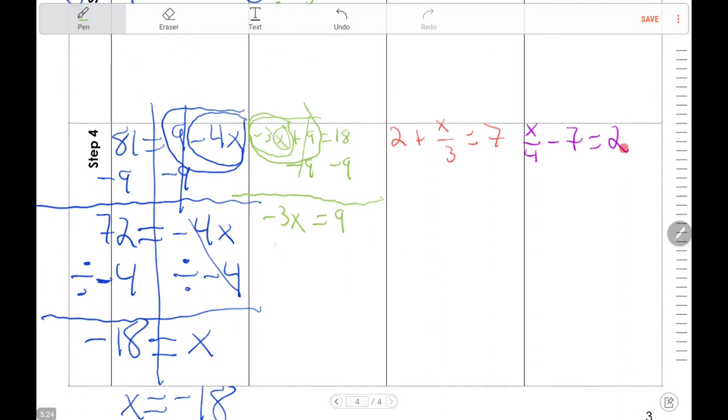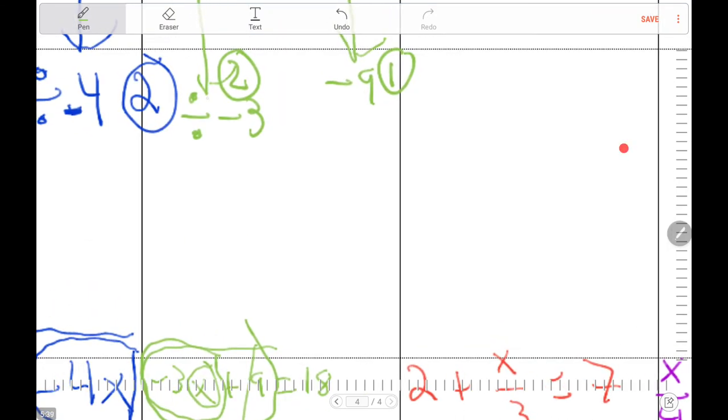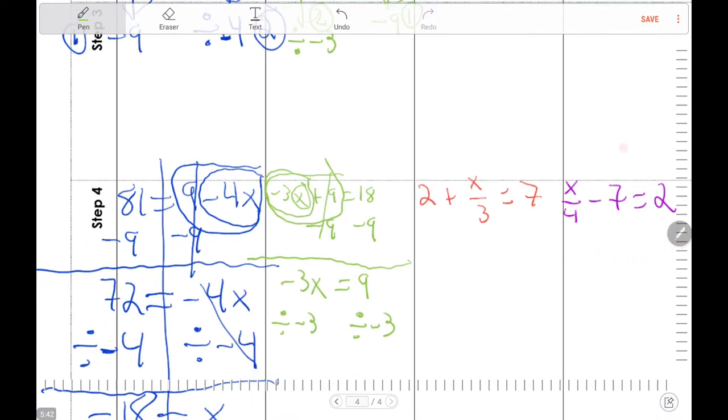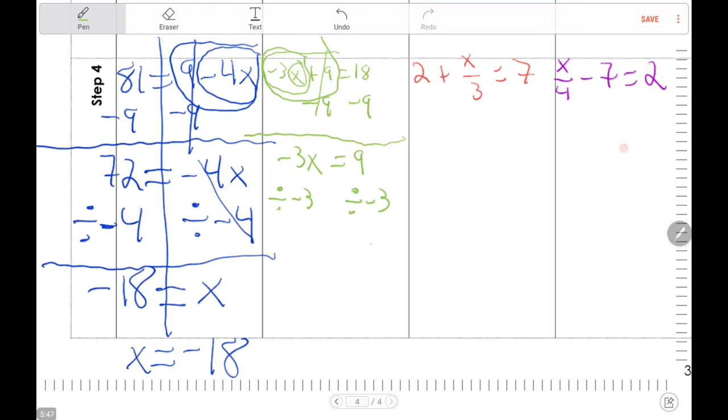And now we're going to divide by negative 3. Where did we get that negative 3? Remember, that came from our second step up here. Divide by negative 3. So 9 divided by negative 3 is negative 3 equals x, and great, x is on the left side. We are done. x equals negative 3.